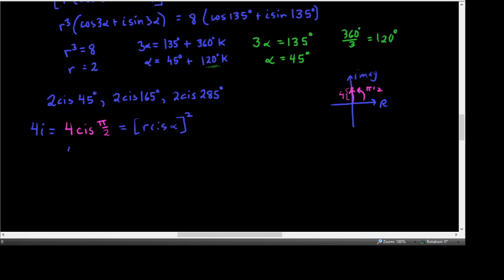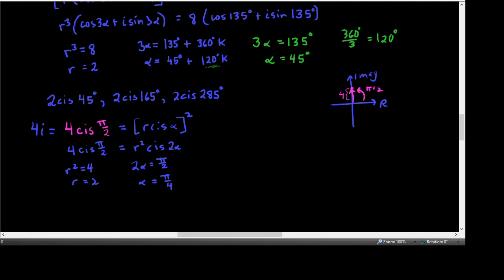So again, that means that 4 cis pi over 2, using De Moivre's theorem, is r squared and cis of 2 alpha, equating the corresponding parts. That means r squared is 4, so r is 2. And equating 2 alpha to pi over 2, we'll get our principal angle, alpha, which is pi over 4. Okay, so alpha equals pi over 4.